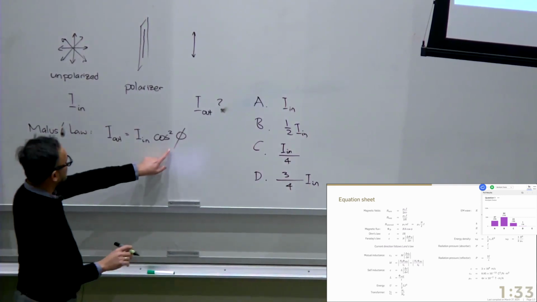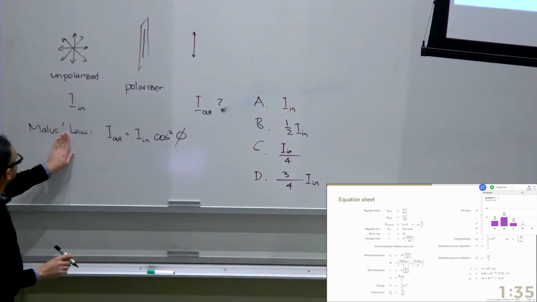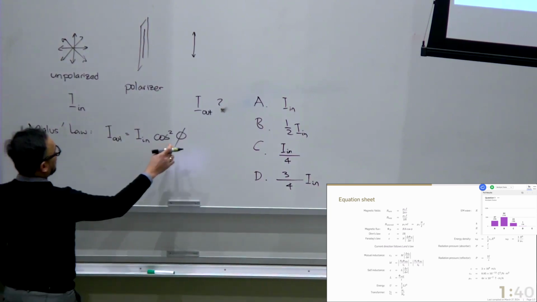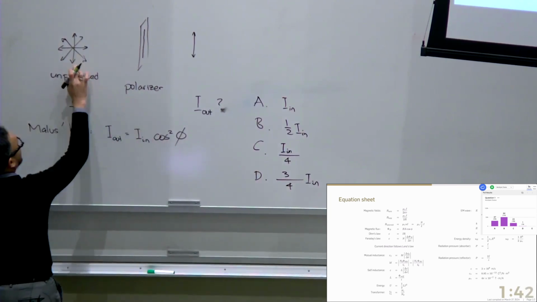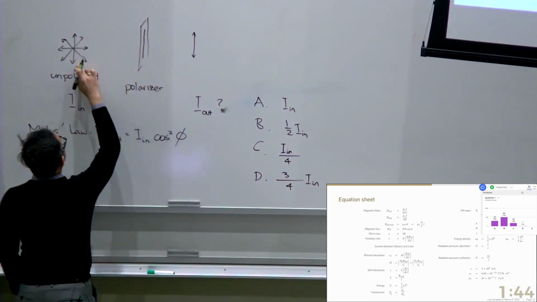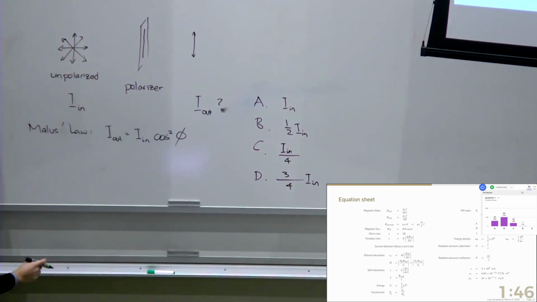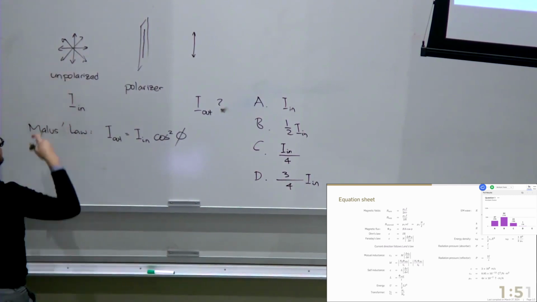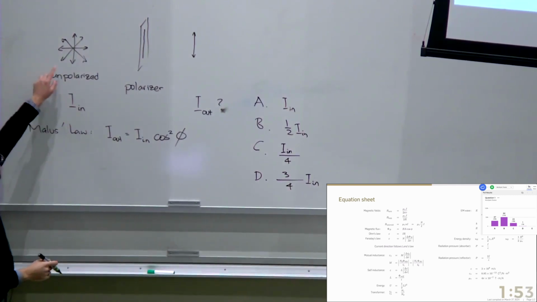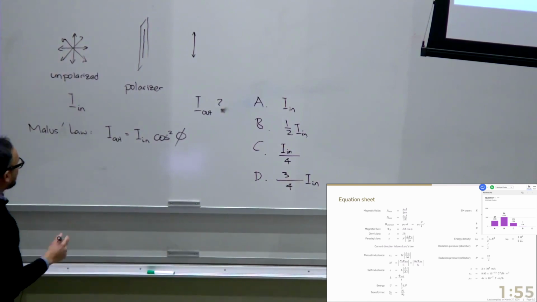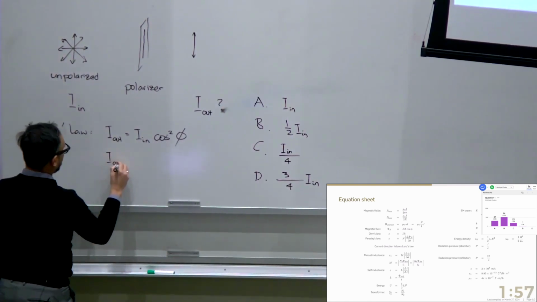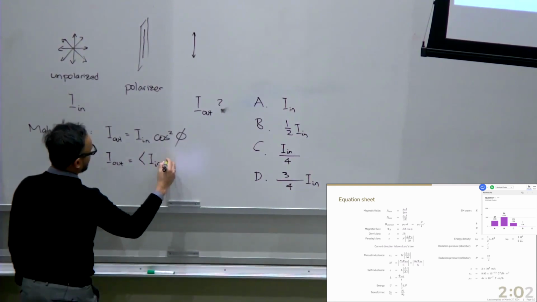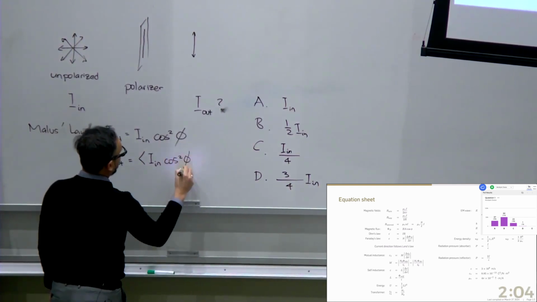What is this phi? Phi is the angle between the polarization axis and the light's polarization. Because unpolarized light doesn't have a defined polarization axis, it has all angles. So basically I out is equal to the average of I in times cosine squared phi.